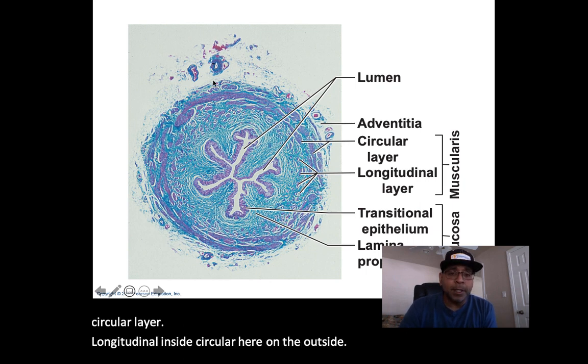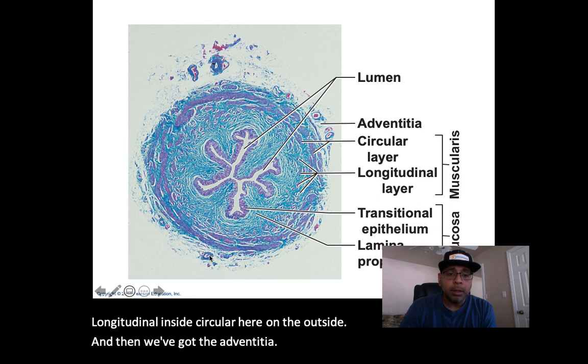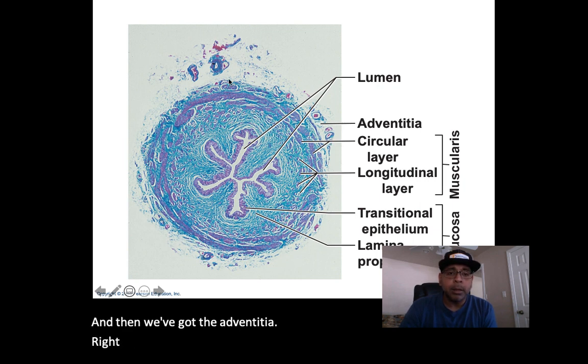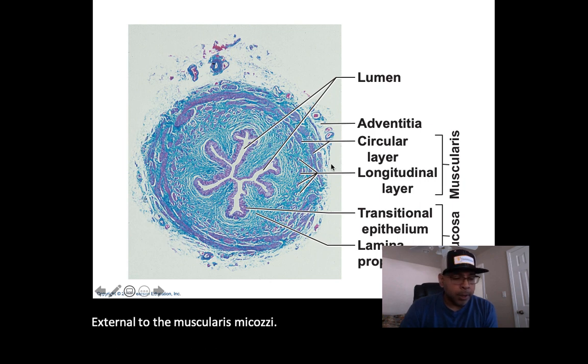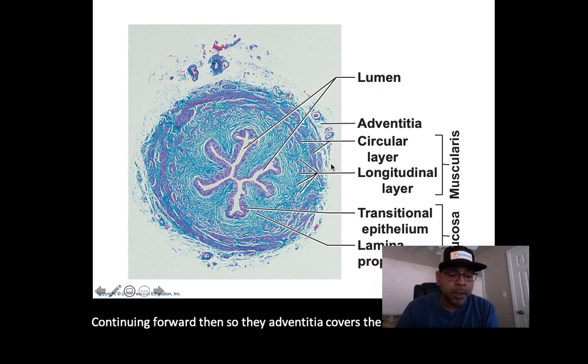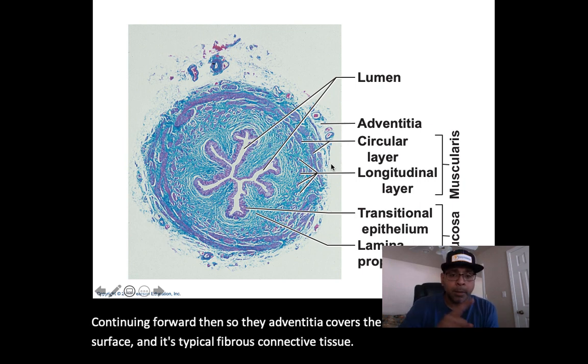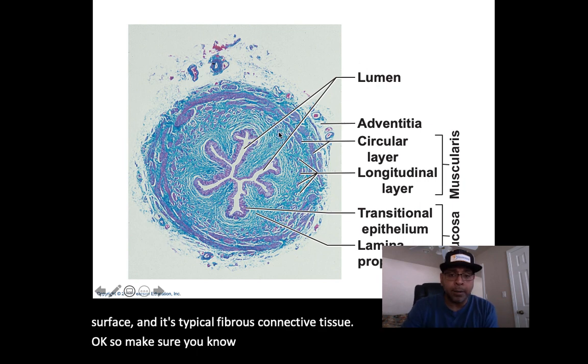And then we've got the adventitia right out here, external to the muscularis. Continuing forward then, the adventitia covers the ureter's external surface and it's typical fibrous connective tissue. Okay, so make sure you know the differences in the different connective tissues there as well.